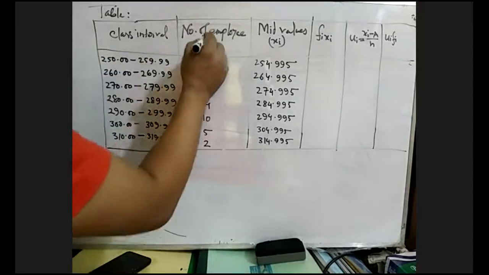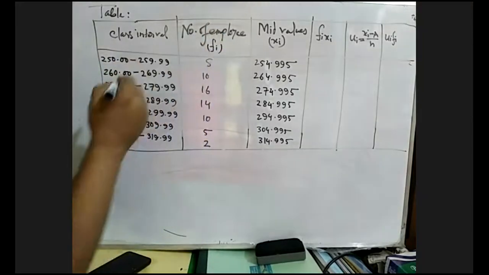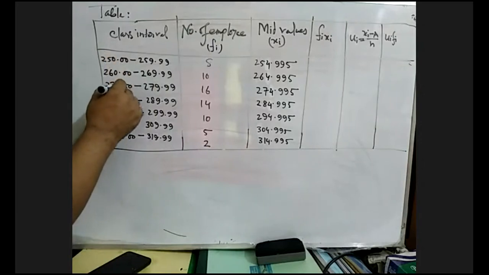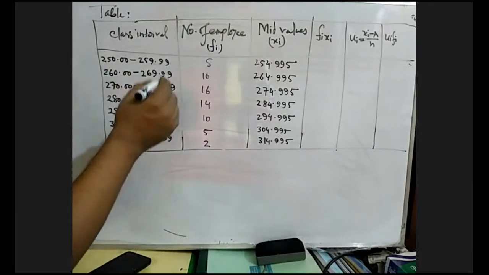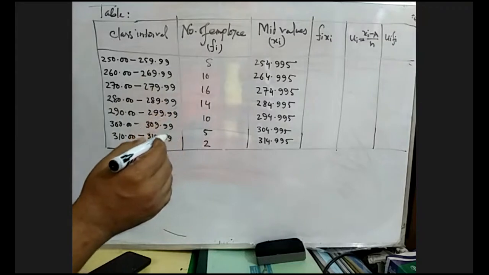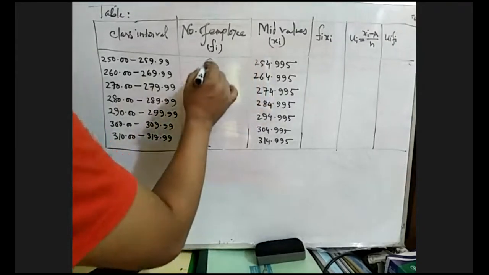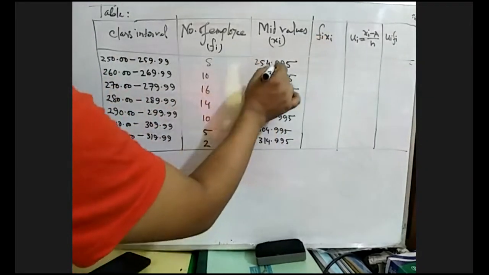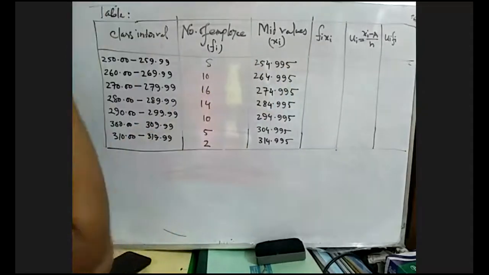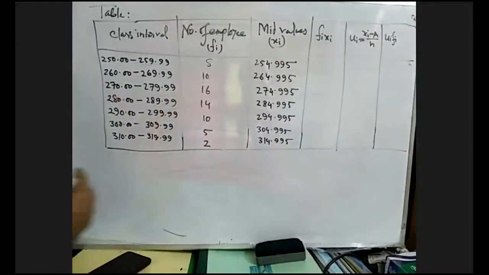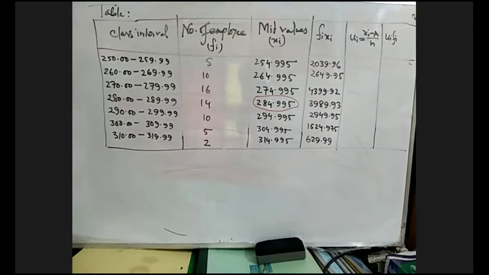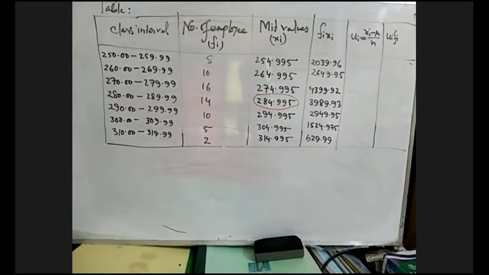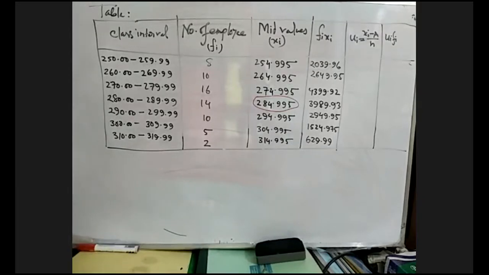Now this is the frequency. How many classes? There are 7 classes, so i equals 1 to 7. If i equals 1, then the first class: fixi is 254.995 multiplied by 8.